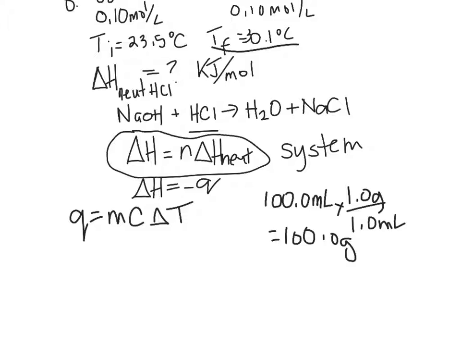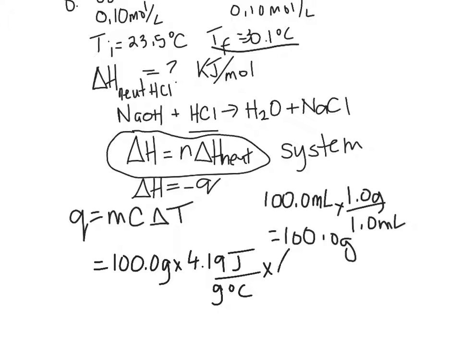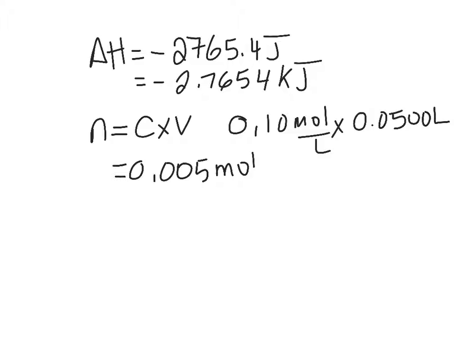And now 100 times 4.19 joule per gram degrees Celsius times 30.1 minus 23.5 degrees Celsius. So we've got 0.005 moles of acid.